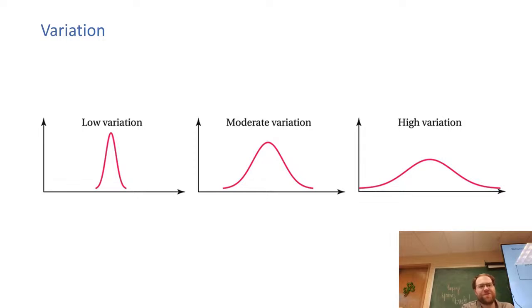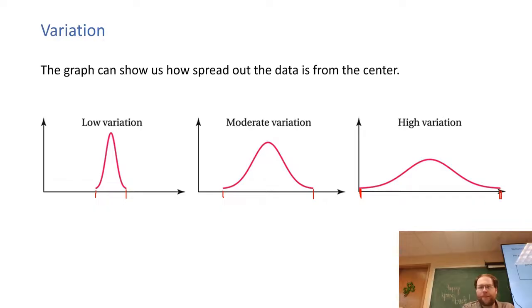And when I say close together, I'm referring to the x values. But when we know the variation, this will tell us how spread out the data is going to be from the center.